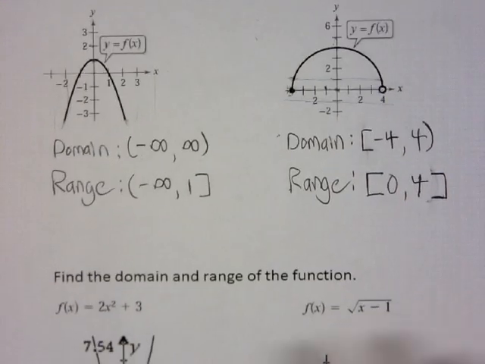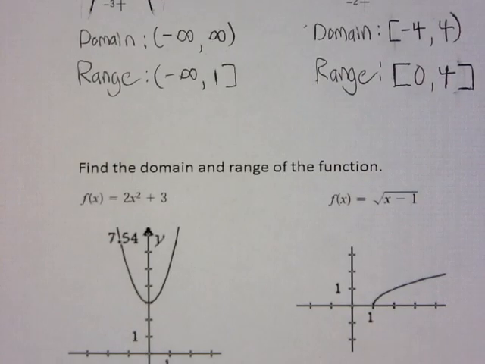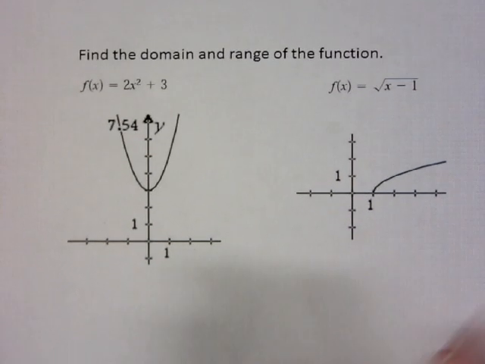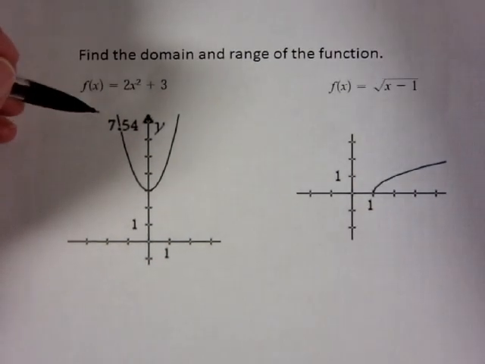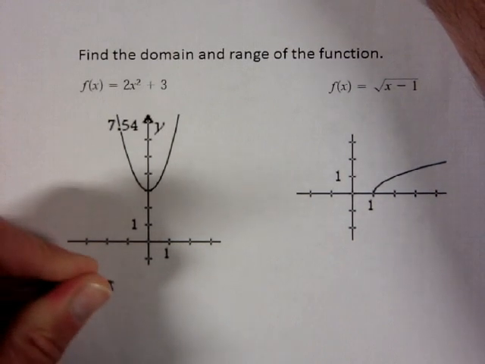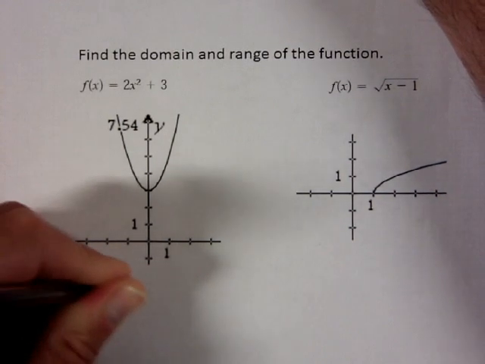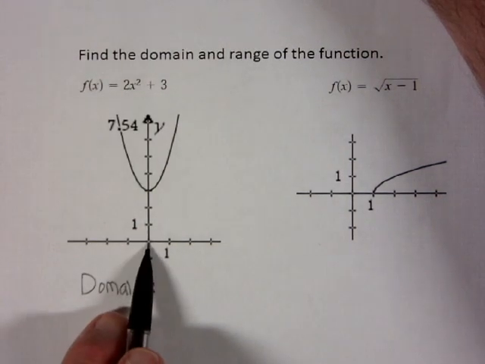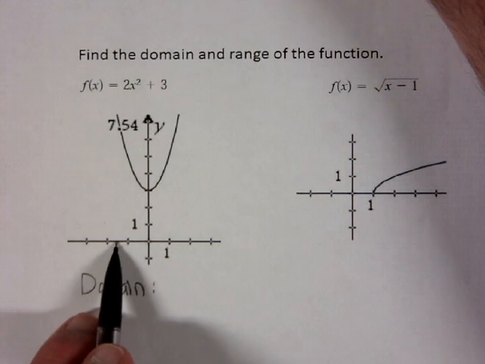A couple more that we need to try here, just to make sure that we have everything straight. For this particular one, again, we'll start with domain. Okay, now, for the domain, we want to see if we can find the lower bound on the x-axis.